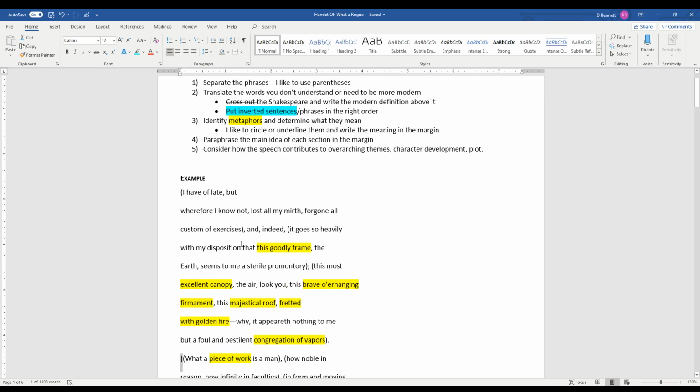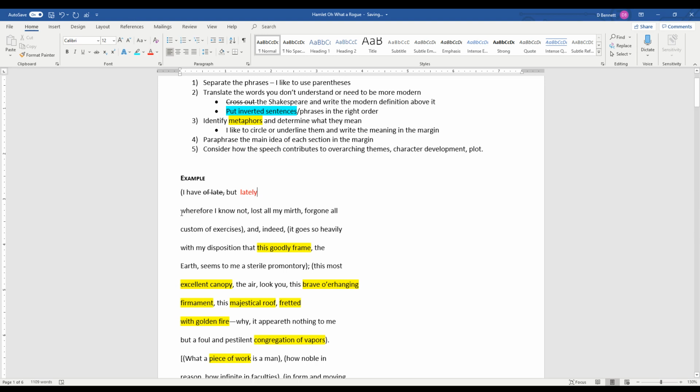So Hamlet begins, I have of late, but wherefore I know not, lost all my mirth, foregone all custom of exercises. That's what I've set aside as the first phrase. I have of late. Let's cross that out and say what he's really trying to say here is I have lately. I'm going to use a different font color so that you can tell that that's my translation.